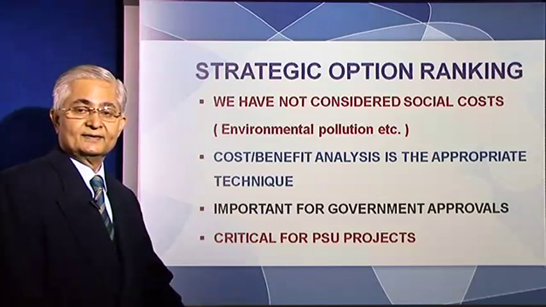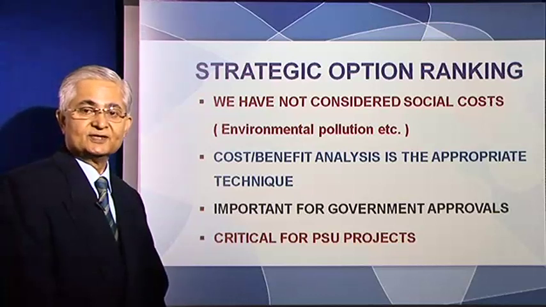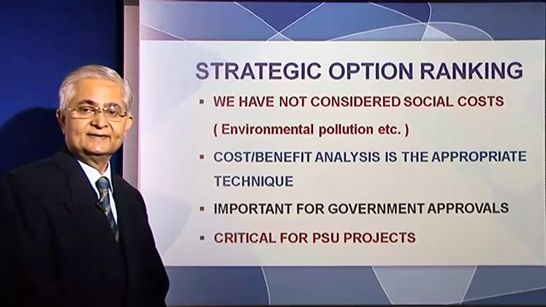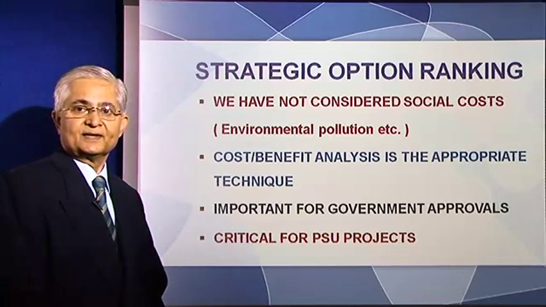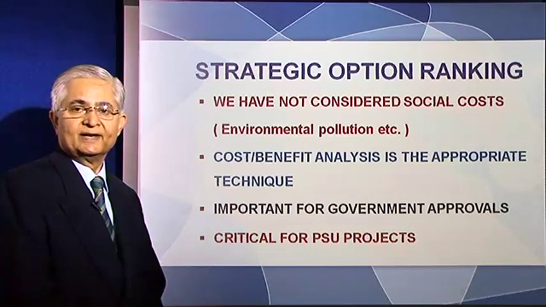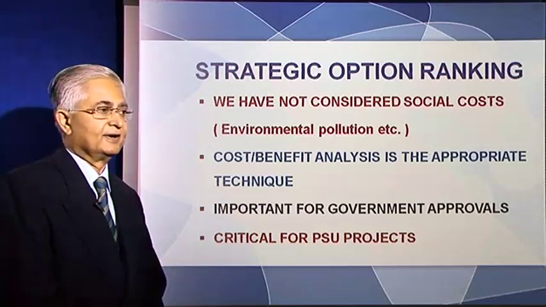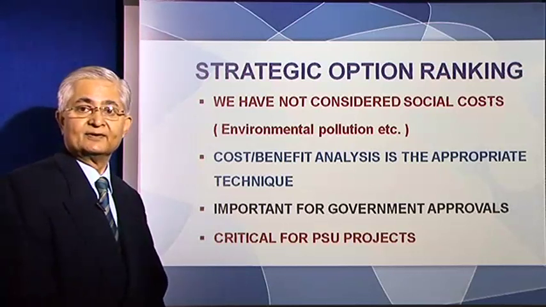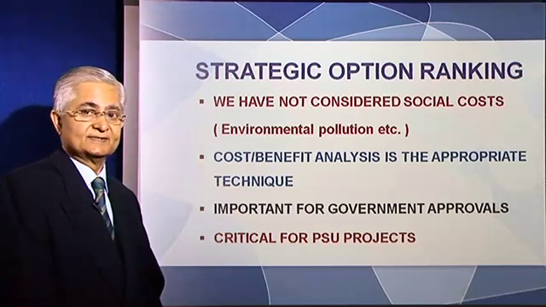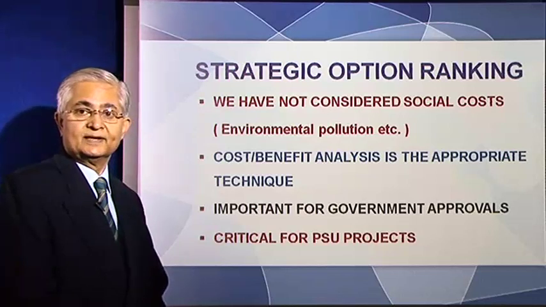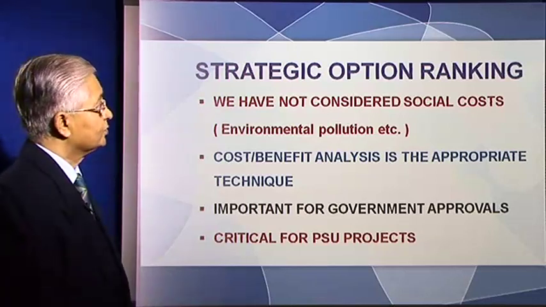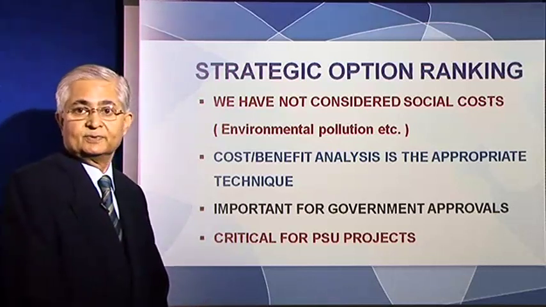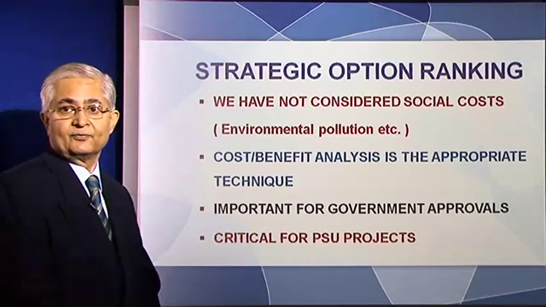In the three strategic options that we ranked in the earlier slide, there were three key result areas, one relating to profits, another relating to supplier dependence, and the third relating to competitiveness. But there was no key result area relating to pollution, for instance, or possible pollution. There was no KRA on that.